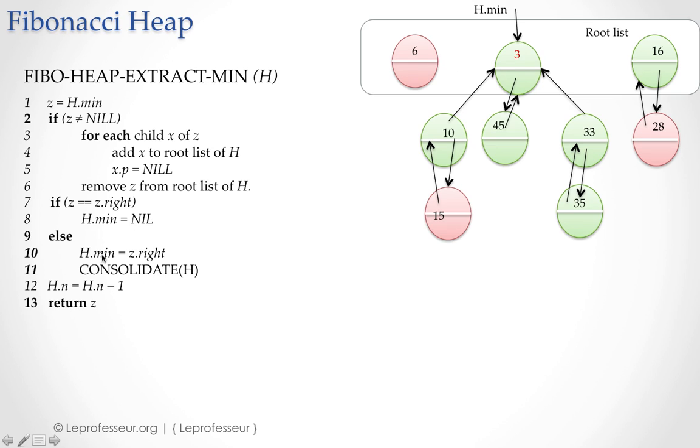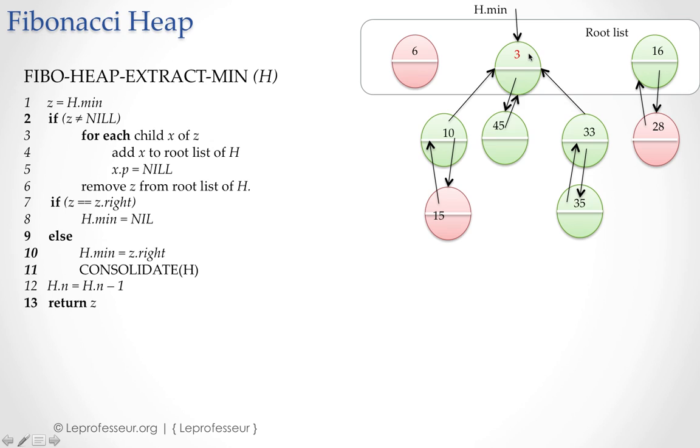Also, because node 3, H.min, is gone, you need a pointer H.min that will point to the new minimum key value root.